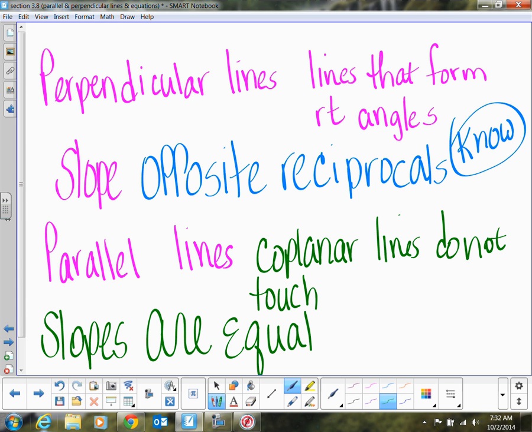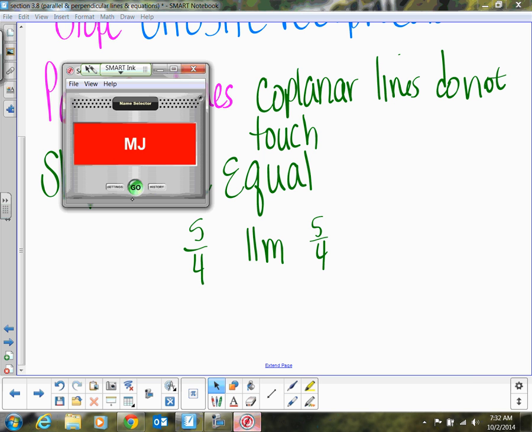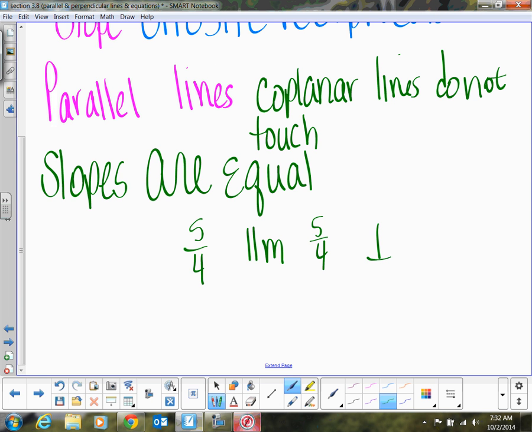You should be looking at this spreadsheet every single night. You've got to put all of this into long-term memory. If I have a slope of 5/4, what is the parallel slope? 5/4. And what would my perpendicular slope be, Kayla? Excellent.